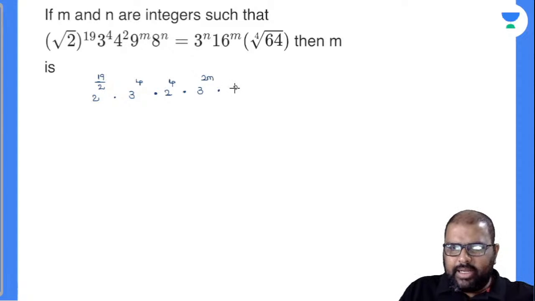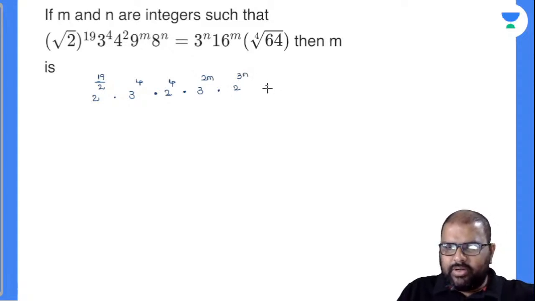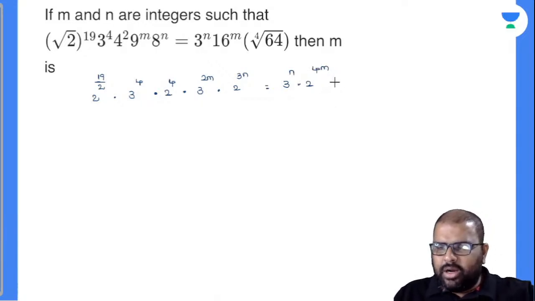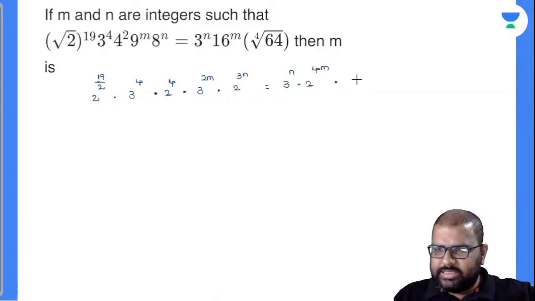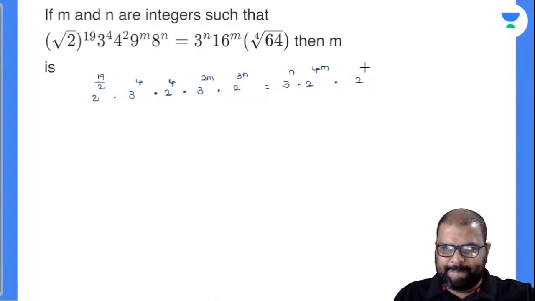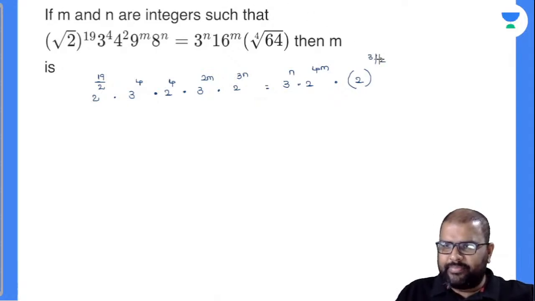I'll write 8 as 2 to the power of 3n, into 3 to the power of n. 16, can I write this as 2 to the power of 4m, into root 4 of 64. 64 can be written as 2 to the power of 6 whole to the power of 6 by 4. 6 by 4 is nothing but equal to 3 by 2. Will you accept with me?